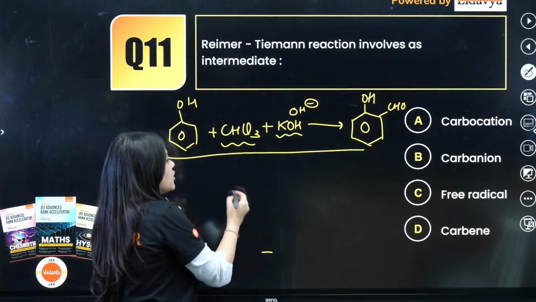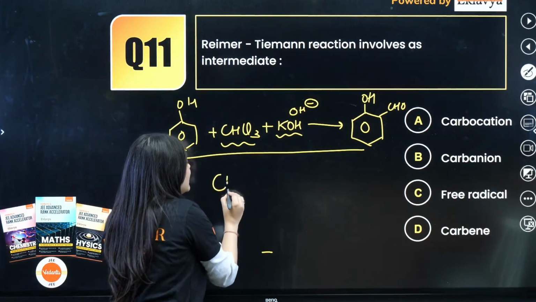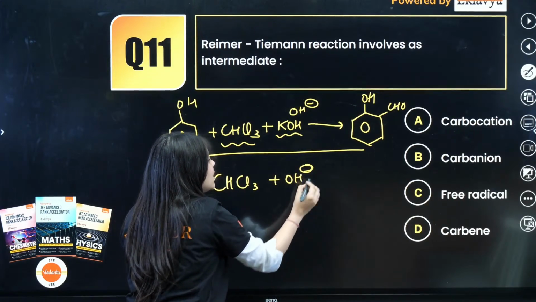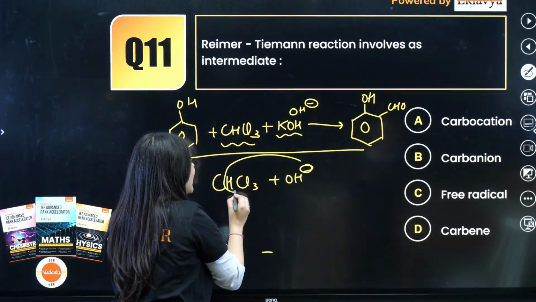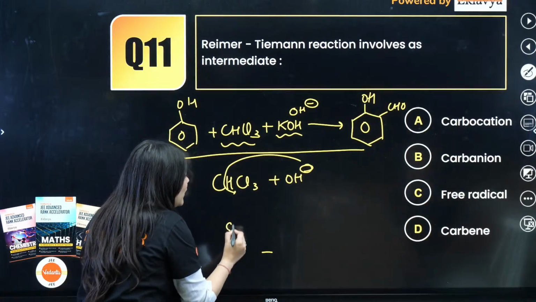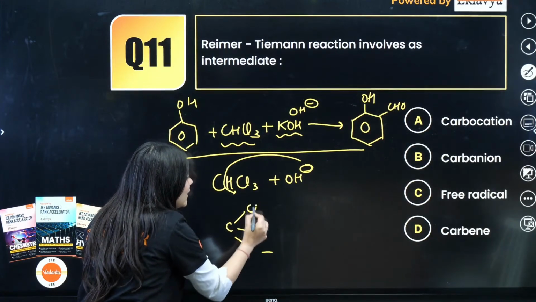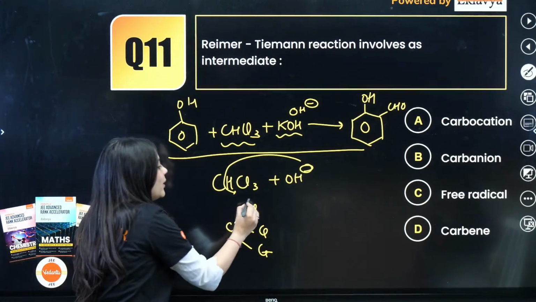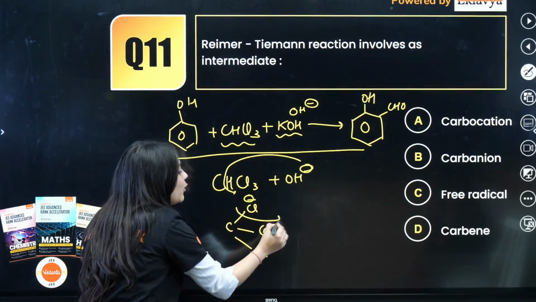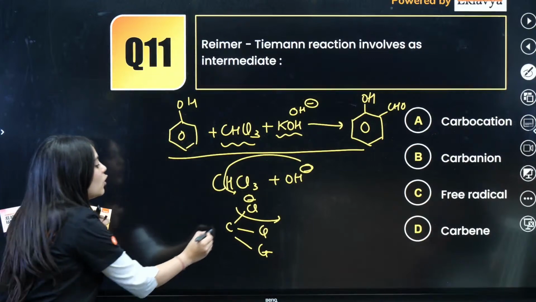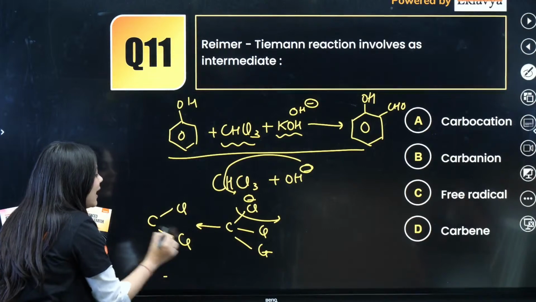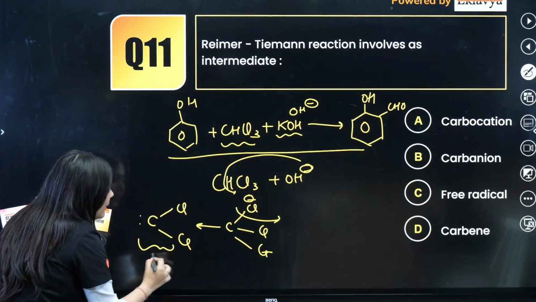So CHCl3 plus your OH negative species will abstract this H plus from here, and you will get a CCl3 negative product like this. This chlorine, because it is a very good leaving group, will leave once again, and the final product that you're going to be left with is a carbene molecule.